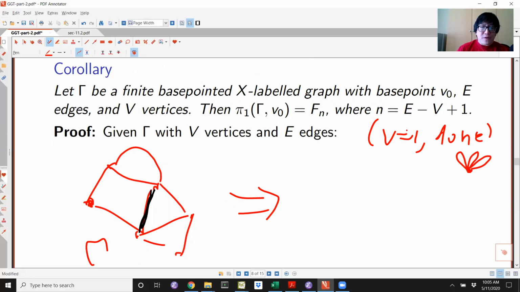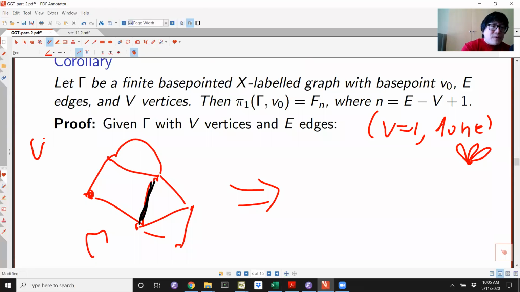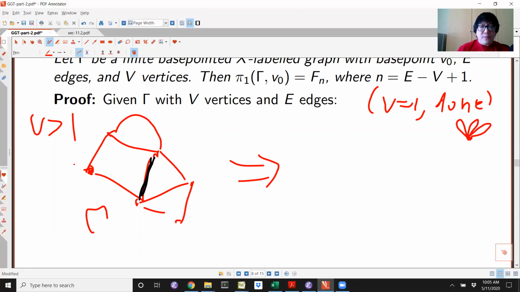So if v equals 1, we're done. If v is greater than 1, then there must be some edge that connects two vertices, and so we can collapse it, and we get something over here.